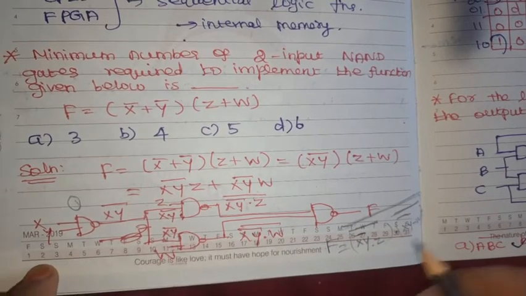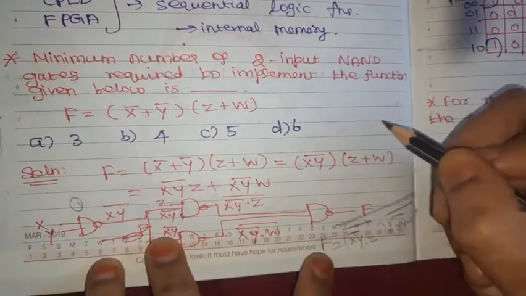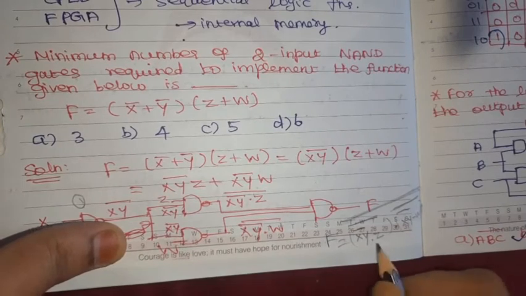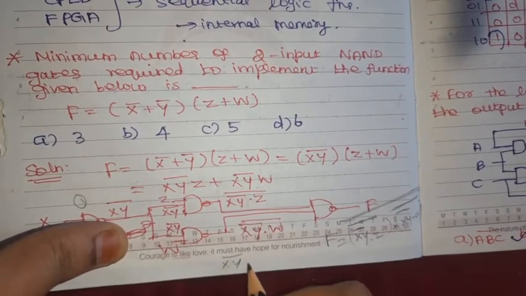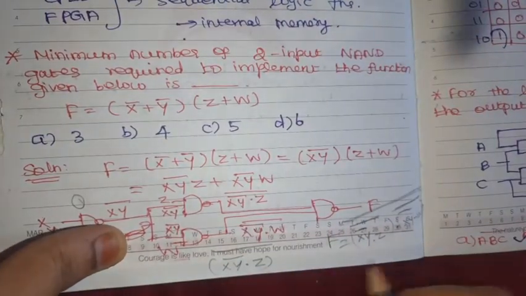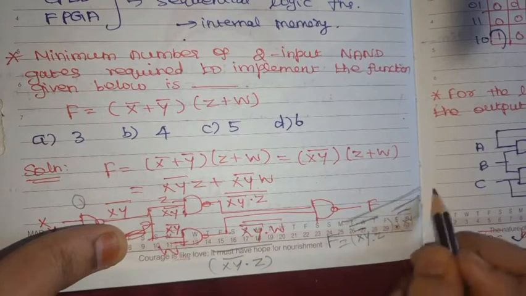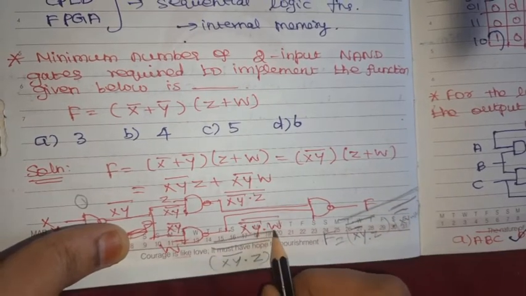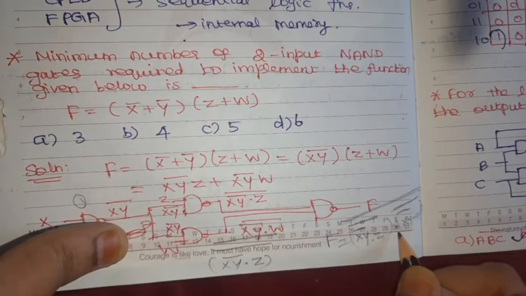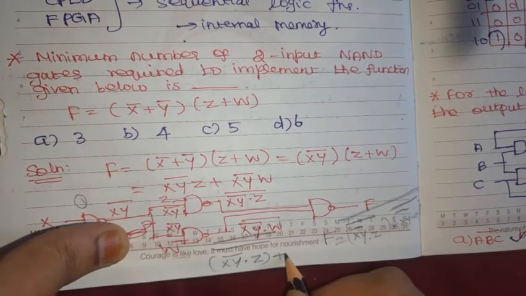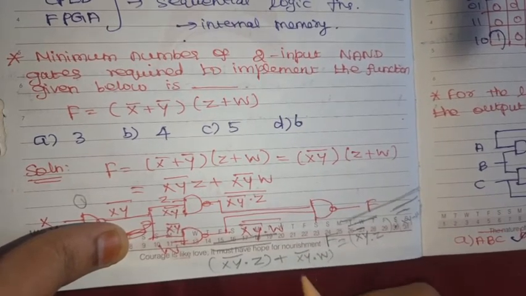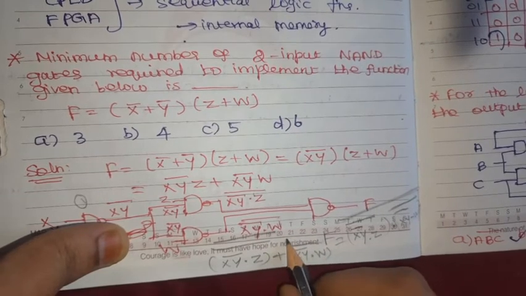The main bar is broken, so we get a separate bar for each term, and the multiplication changes to a plus sign: xy bar dot z whole bar plus xy bar dot w whole bar, again with whole bars.